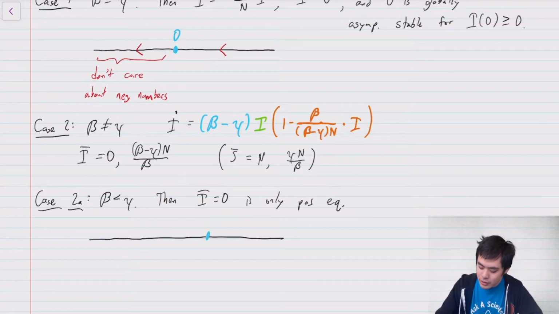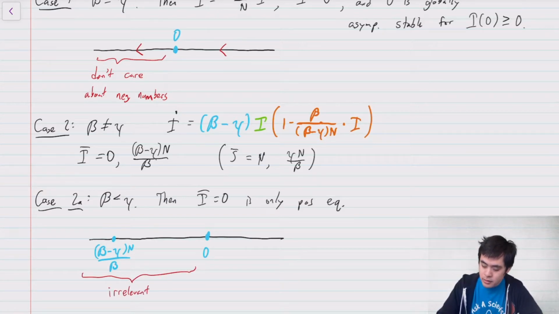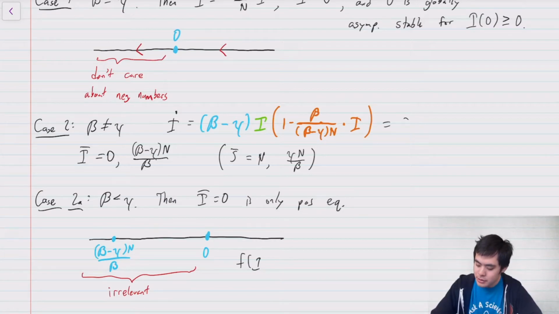So we have our 0, and we have our, let's see, this is (beta minus gamma) N over beta. But this is all irrelevant. And we know that in this region, let's say this is f of I.